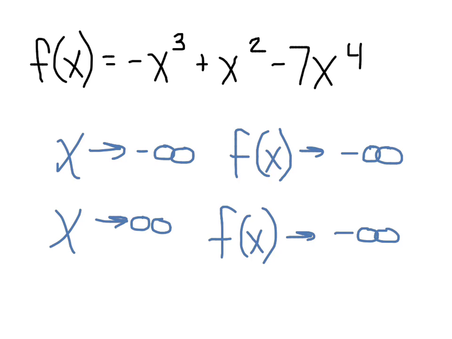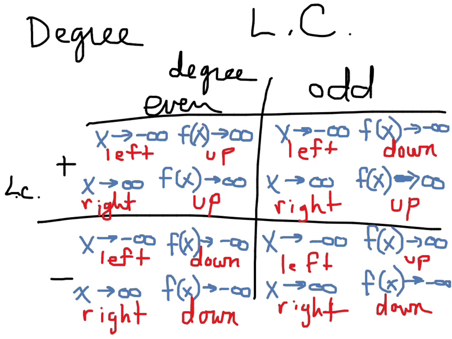It's an even, so I go to even. And it was negative, so I go to that one. And it looks like they both go down. This is the left side, this is the right side. This is the answer, right here.